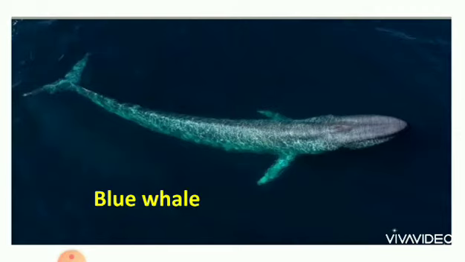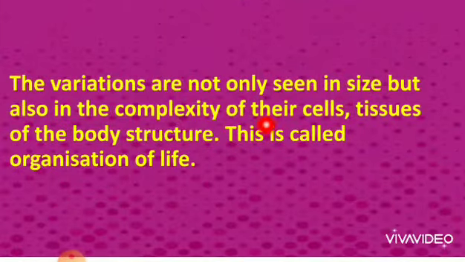Similarly, blue whale and elephant are huge in size. The variations are not only seen in size, but also in the complexity of their cells, tissues, and body structure. This is called organization of life.